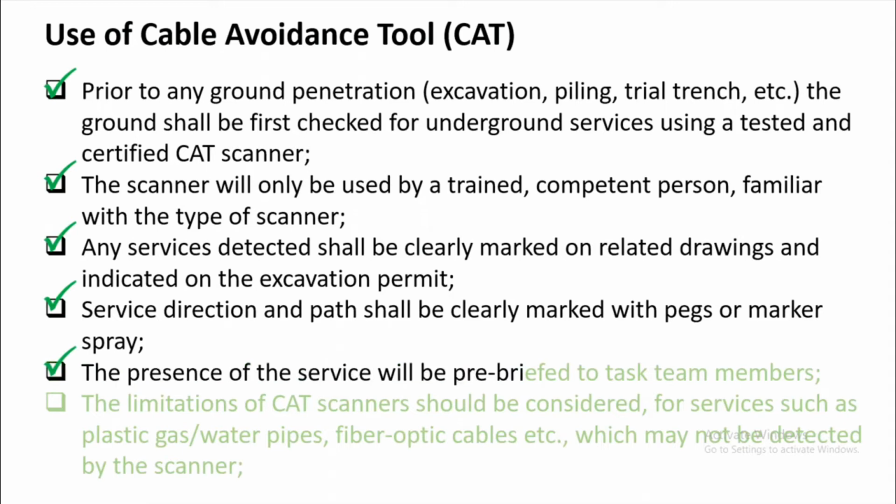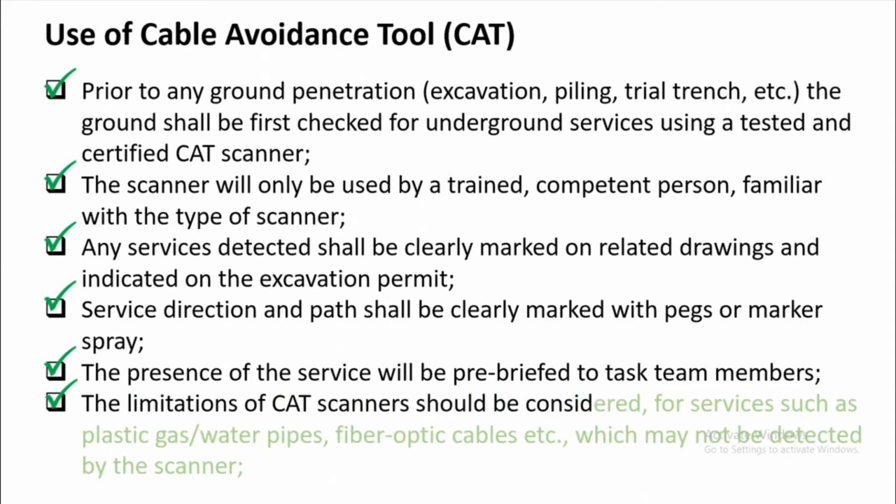The presence of the services will be pre-briefed to the task team members. So before they start the excavation of the area, make sure that the services location is fully discussed with the team members, so that they are aware that there are underground services at the same location.